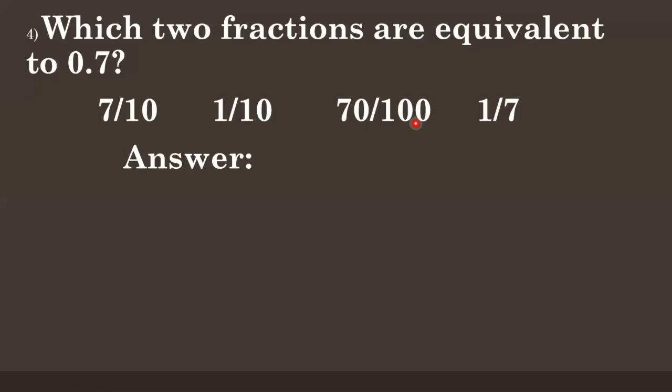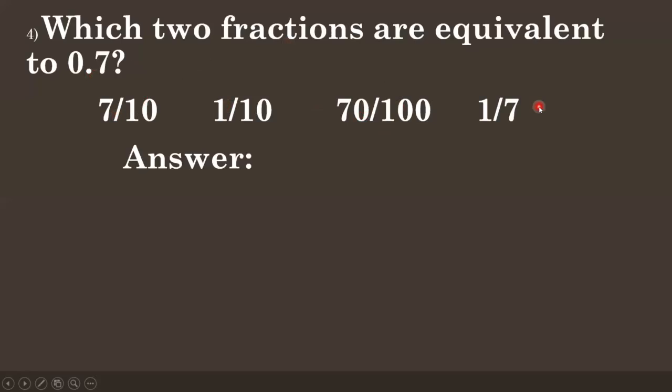Then only will you get the exact fraction given in the question. So here we cut one 0 from the numerator and one 0 from the denominator, and this fraction becomes 7 by 10. 7 by 10 is equivalent to 0.7. So we got the two fractions: 7 by 10 and 70 by 100.